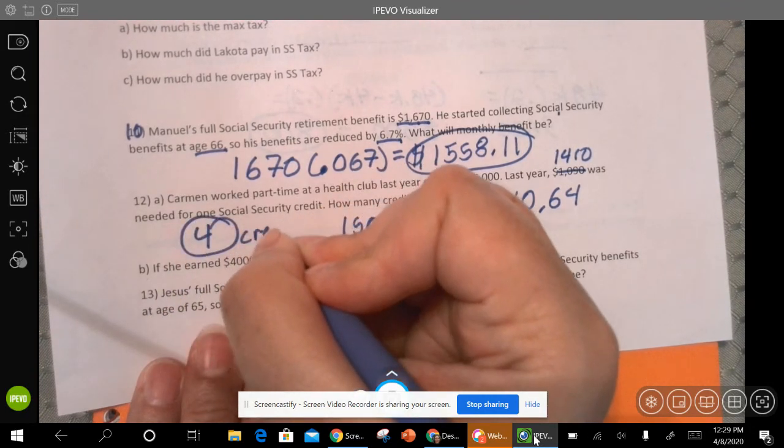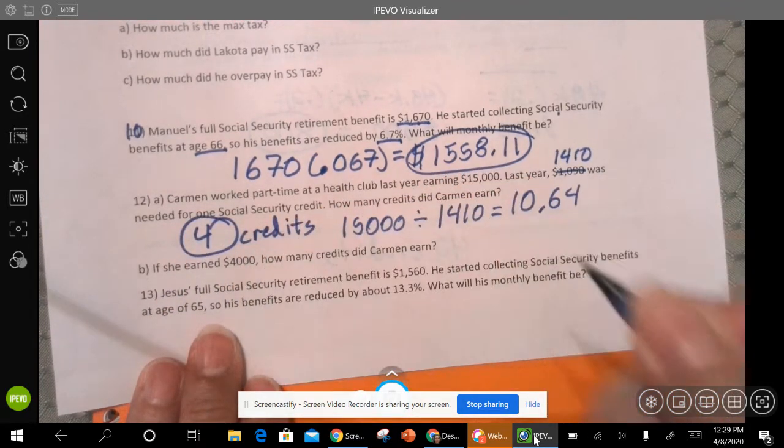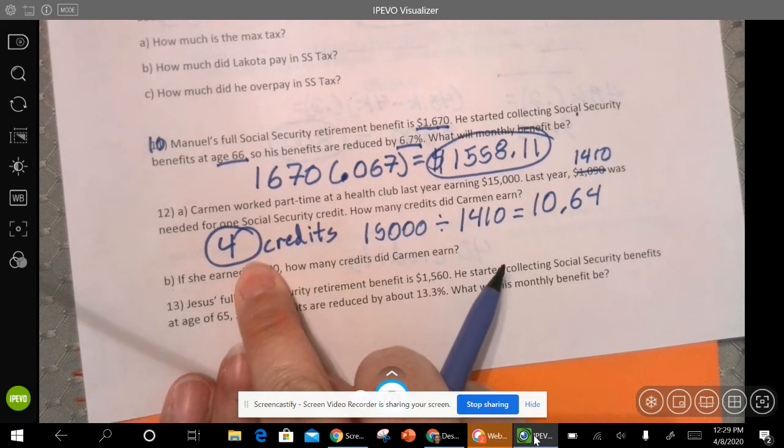Okay, so 4 credits per year. This is the maximum amount, everybody. So remember, you need 40 credits. So think about it. So 4 times what gives us 40? So 10. So you have to work at least 10 years.